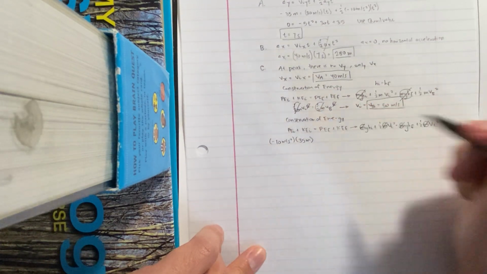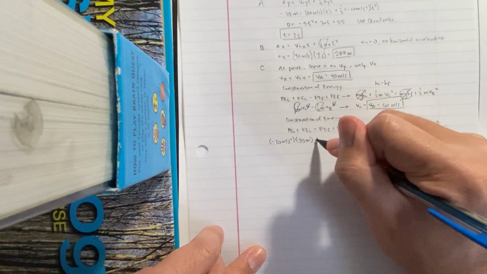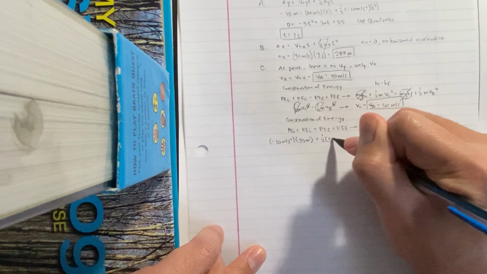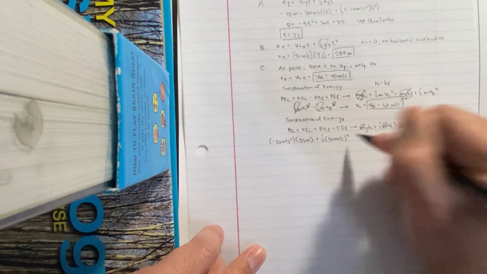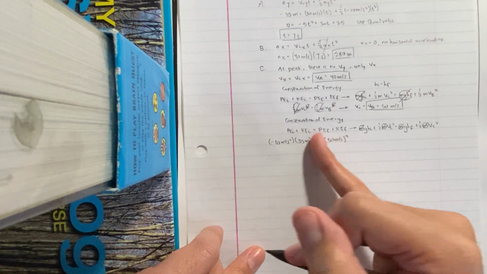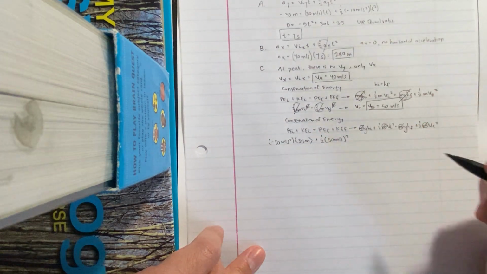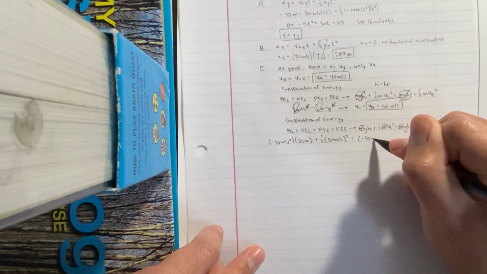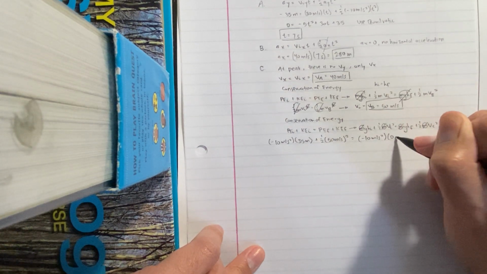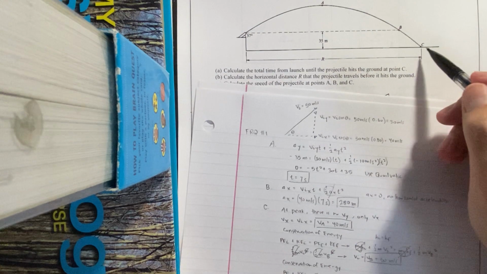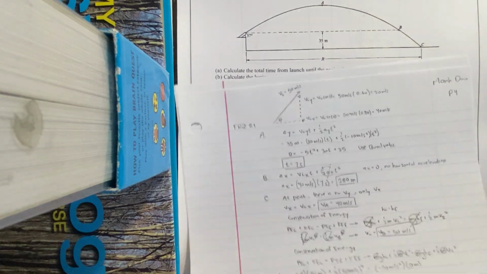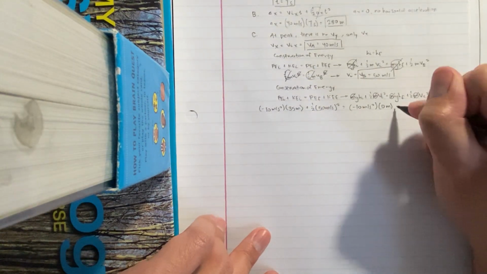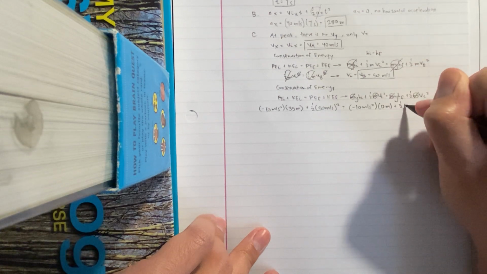It's 35 meters above the ground, plus 1/2 times 50 meters per second, and you square it, equals negative 10 meters per second squared times 0 meters, the final height. C is at the ground, so 0 meters, plus 1/2 vc squared.